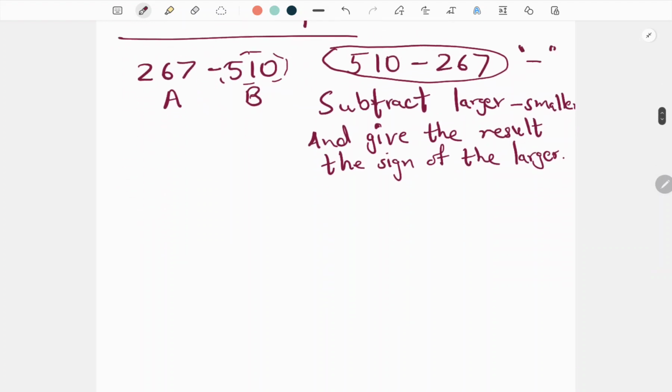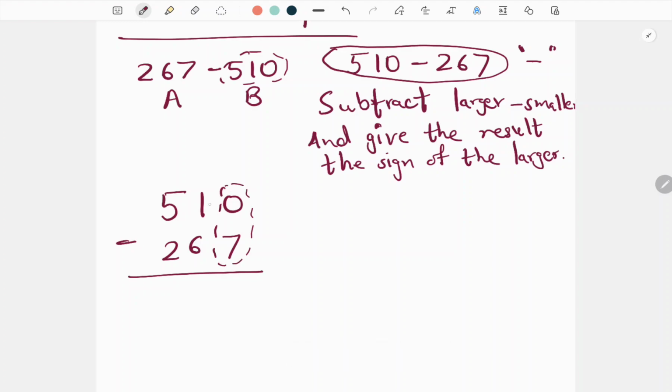So let's go through these steps again. So as usual, 510 minus 267. So 0 minus 7 is not possible, so let's borrow from our neighbor. So this 1 becomes 0, this 0 becomes 10. 10 minus 7 is 3.